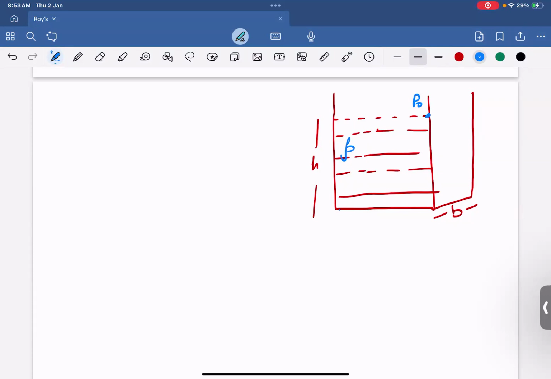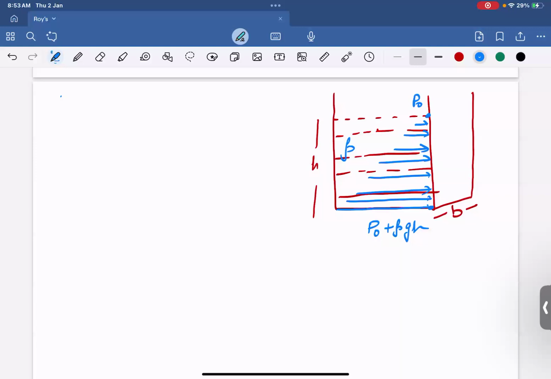But at this point, the pressure is P naught plus rho g h. So pressure is not constant. When you go down, the pressure increases, and it becomes maximum at the greatest depth. So we cannot take one value of pressure and area.